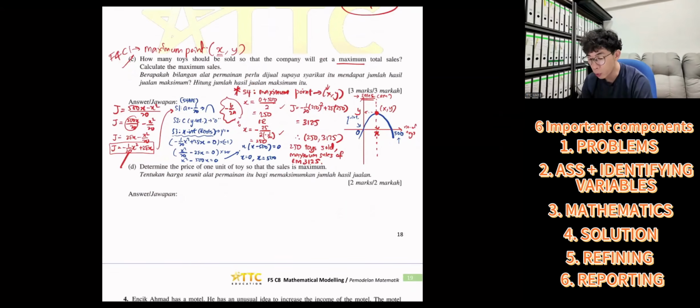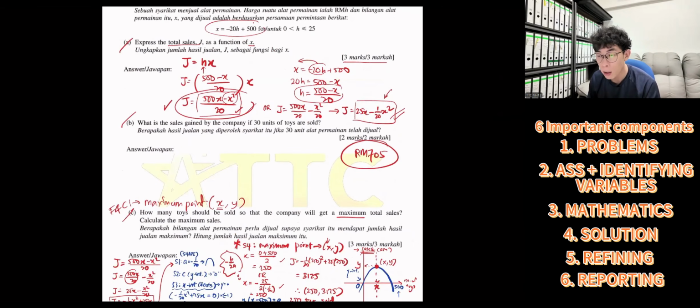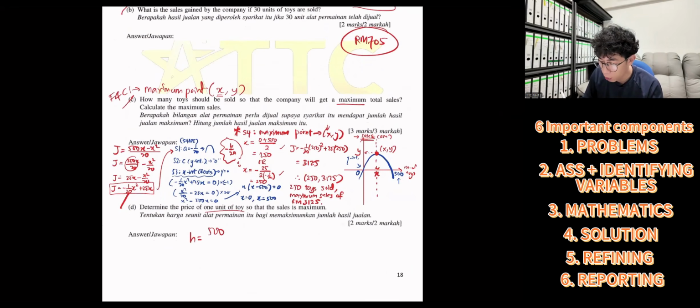Next: determine the price of 1 unit of toys so that the sales is maximum. They want the price of 1 toy. Come on, you have the maximum sales already, and do you notice they want 1 unit of toy? You have that from just now, H. So H equals what? 500 minus x over 20.